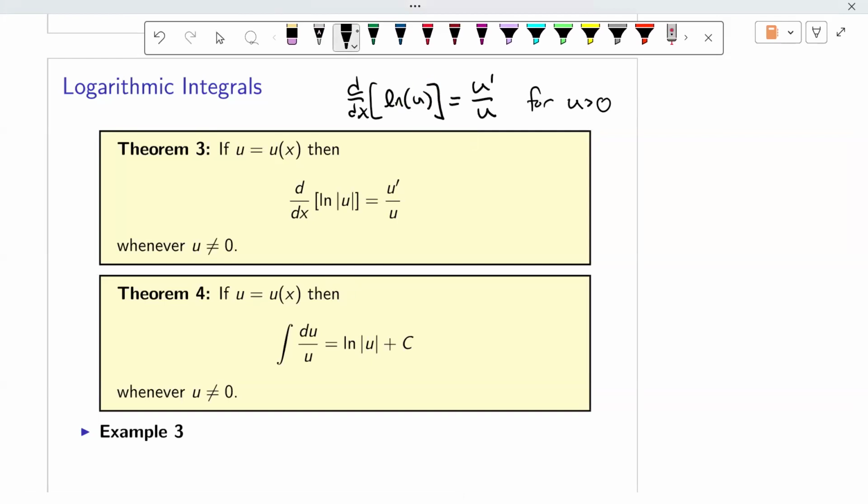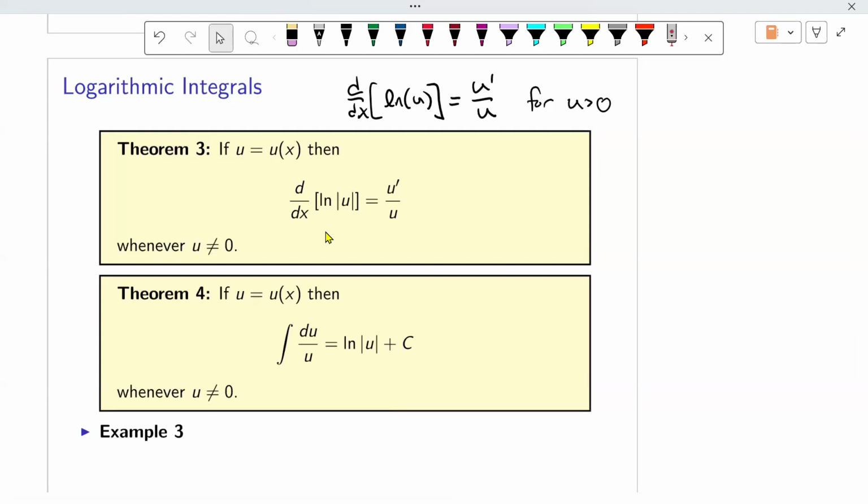Well, here's the idea. You can't necessarily take the derivative of natural log of u in that case if u is negative, but you can take the derivative of natural log of absolute value of u. The absolute value can take any negative number and, well, now it's positive.